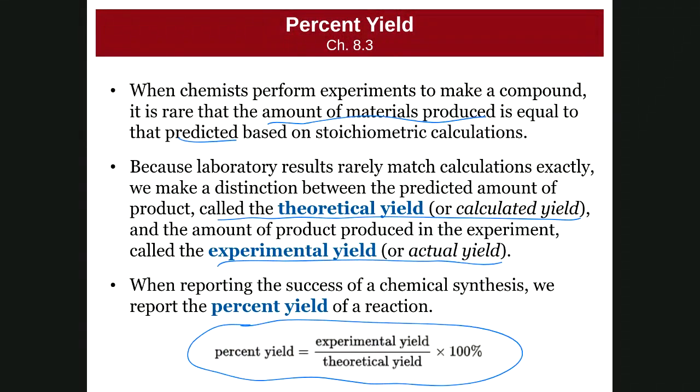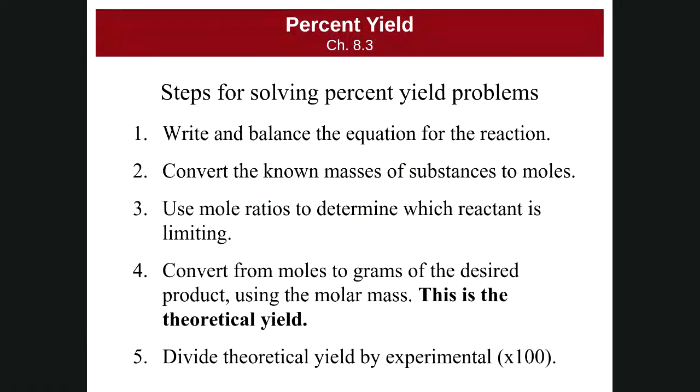So when you report the success of the chemical synthesis, you report it as a percent yield. You take the experimental yield and divide by the theoretical yield and multiply by 100 to get it into a percent. So let's practice.